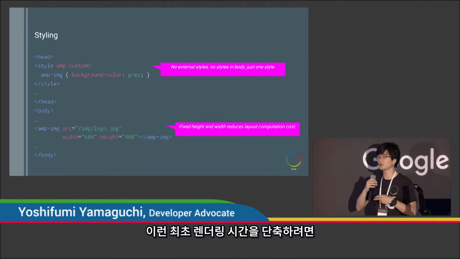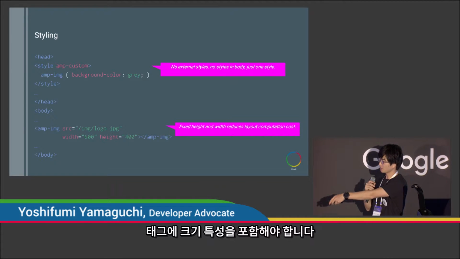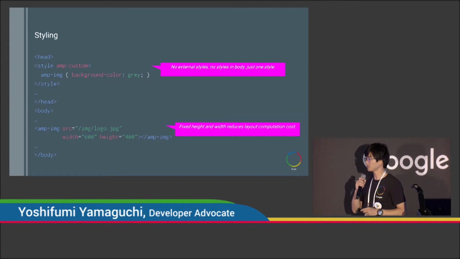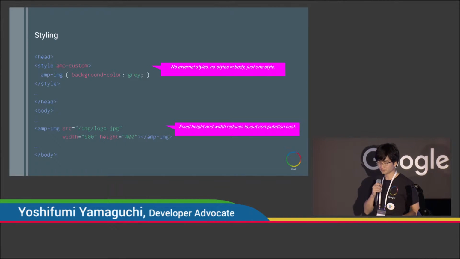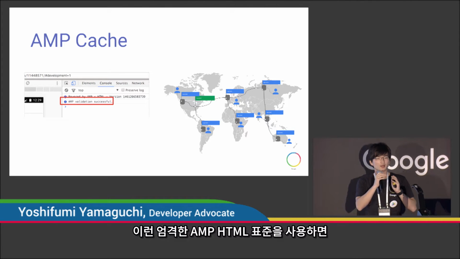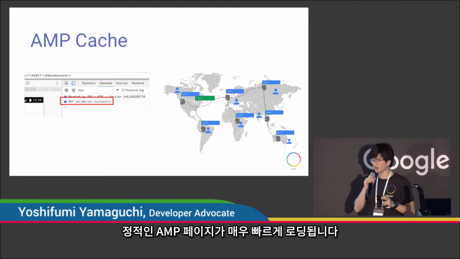In order to reduce that first rendering time, the tag has to come with the size attributes. And with this strict AMP HTML spec, static AMP HTML pages will be really, really fast.